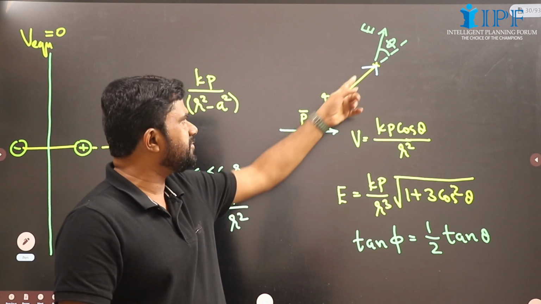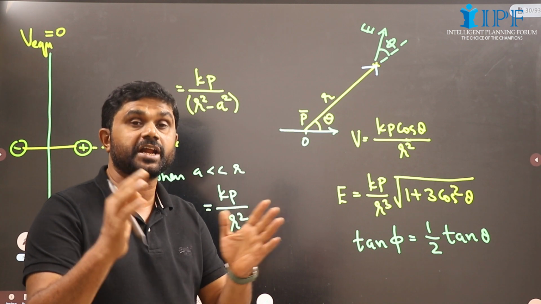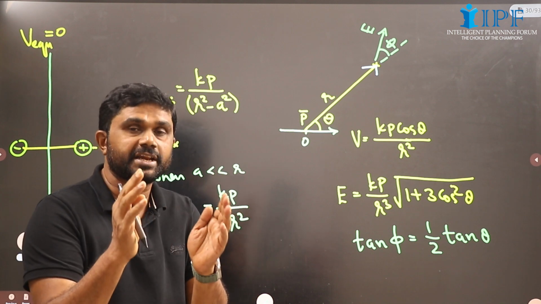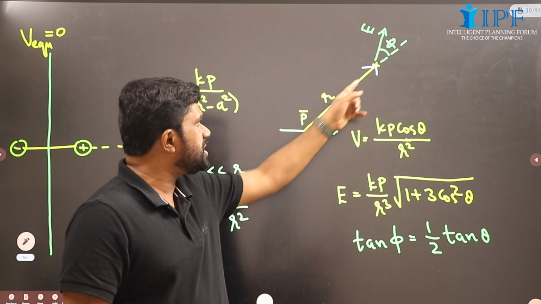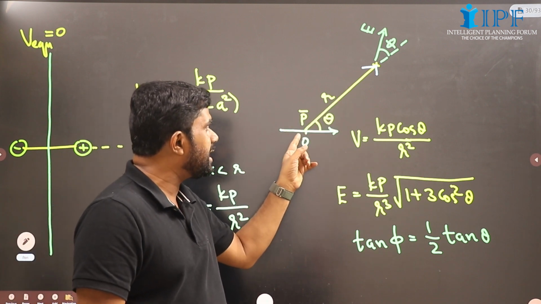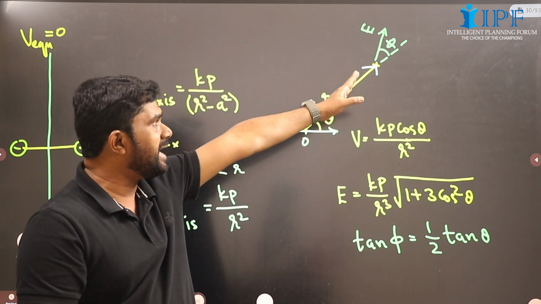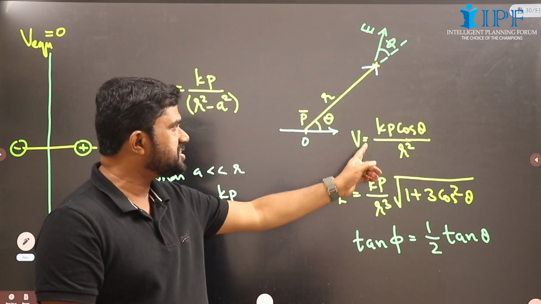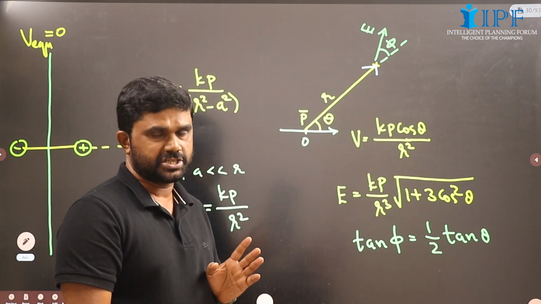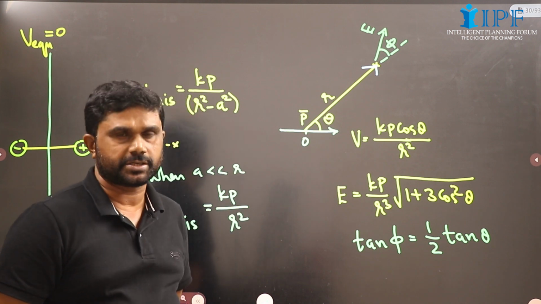Okay, so this is the position vector of the point of observation with respect to the center of the dipole or the dipole center when it is chosen as the origin. Okay, if this position vector is inclined at an angle theta with the dipole moment vector, and that point is at a distance r from the center of the dipole, then this is the expression for the potential at the point. It is Kp cos theta divided by r square.